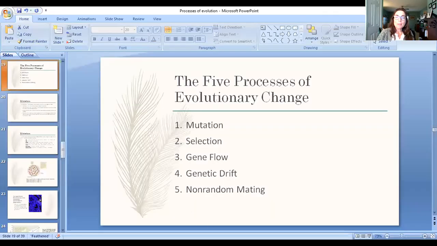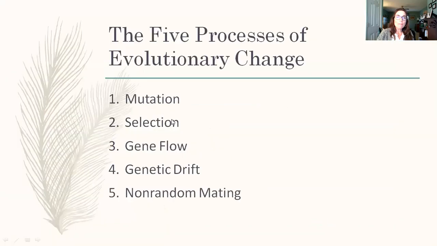Hi guys, today we're going to jump right back into our lecture on the chapter in your book which talks about the processes of evolution. I want to backtrack for just a second to remind you that we're talking about the 5 processes of evolutionary change as outlined in your book.